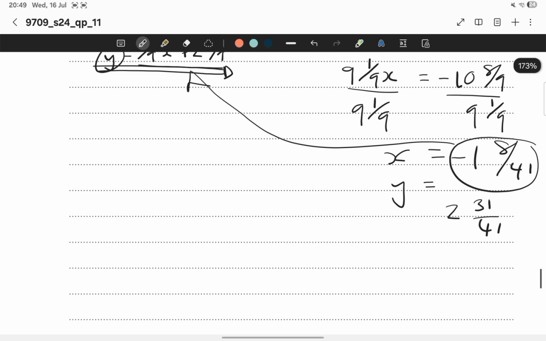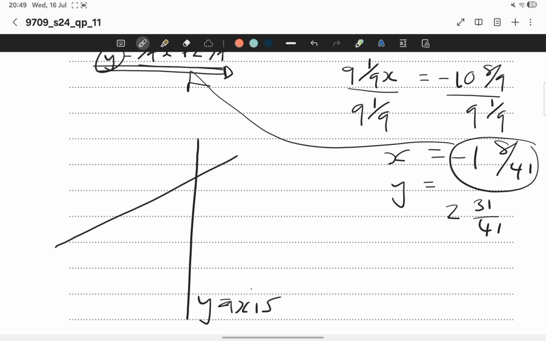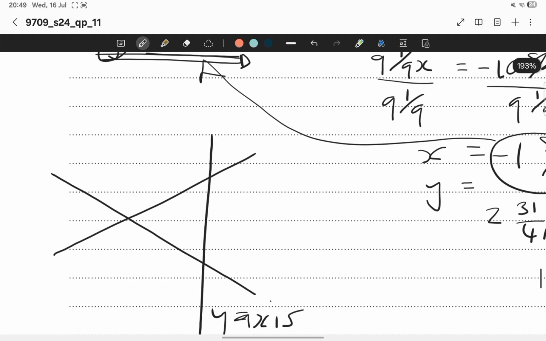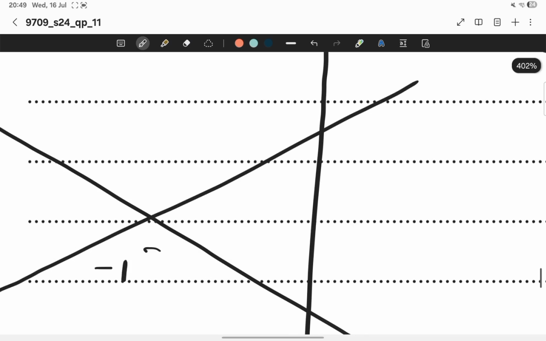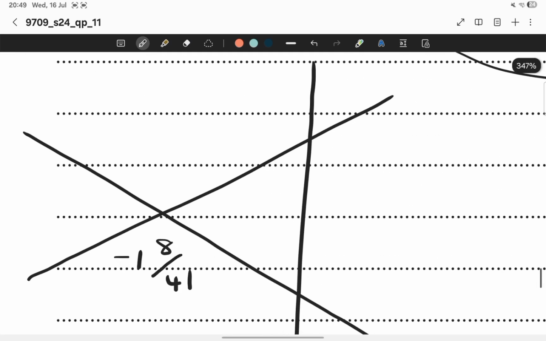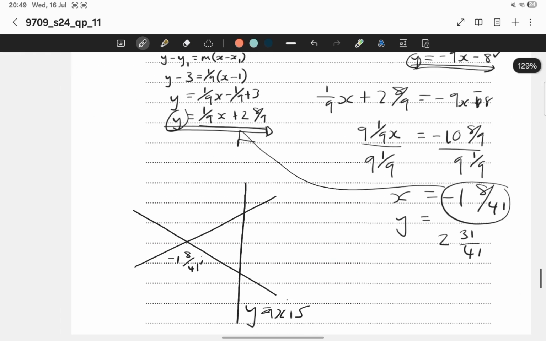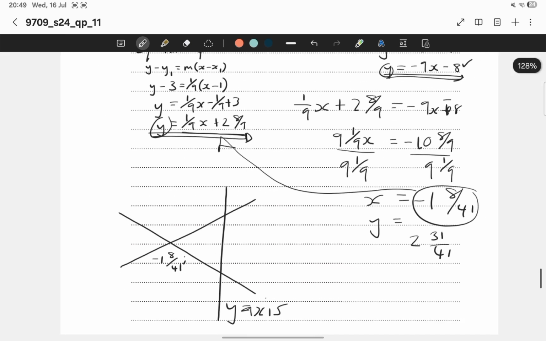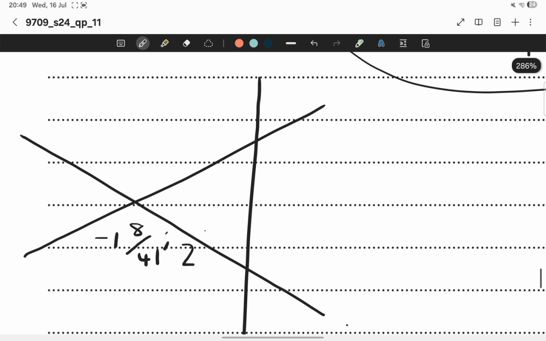So we're having a triangle like this. It's bound by the y-axis, and this is the normal and this is the tangent, and they meet at (minus 1 and 8 over 41, 2 and 31 over 41).